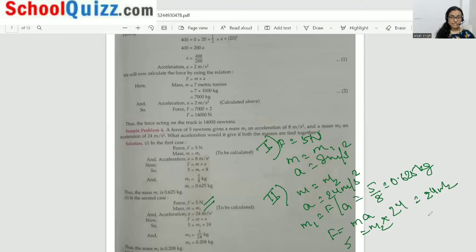It remains the same for the second case also. So m2 is 5 by 24 kg. This is the first mass. This is the second mass. Clear? If you divide, you will get this value, 0.208. I think that's clear to you.